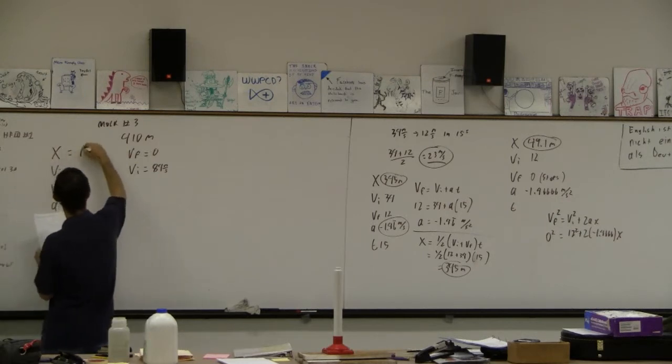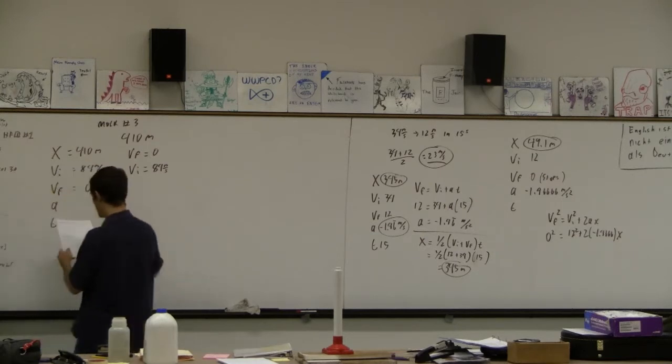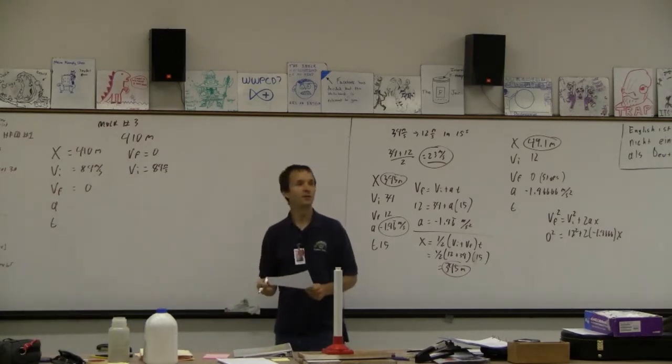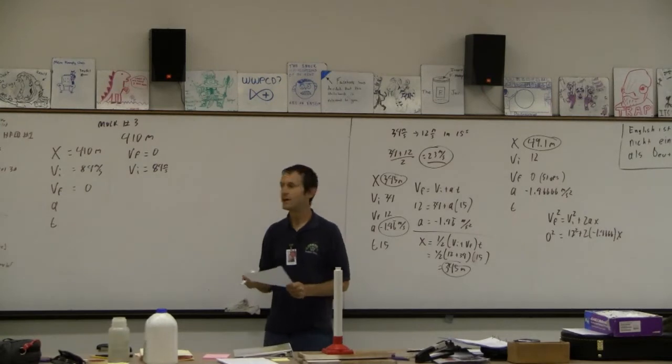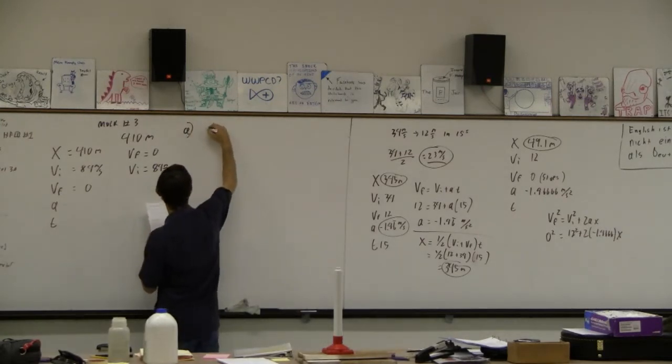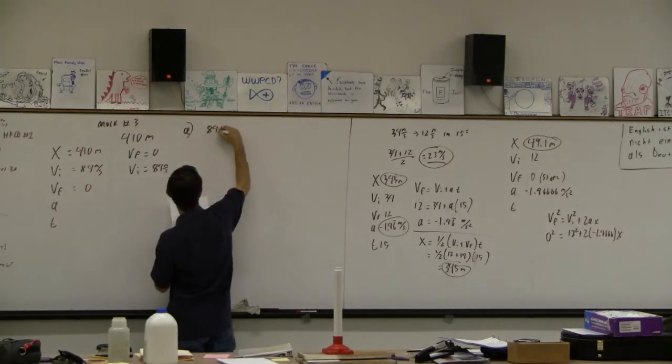So the displacement is 410 meters. Initial is 84. This one's 0. And then it says, what's the average of 0 and 84? 42. Yeah, there you go. So A, the average is 84 plus 0 over 2.